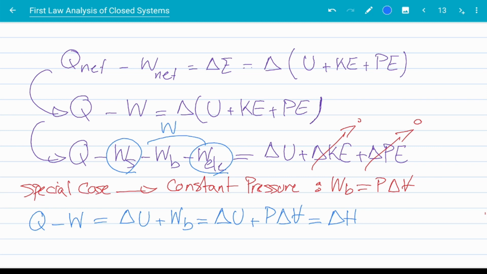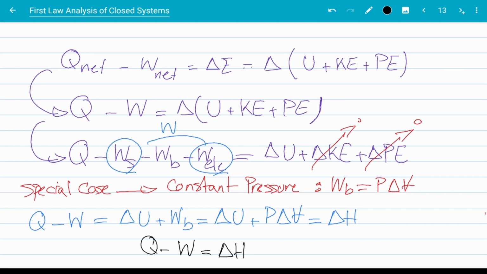So in a system where we have a constant pressure and we can neglect the kinetic and potential energies, Q net minus W net, not including the boundary work, is equal to the change of enthalpy of the system. Now, please pay attention that you cannot include the boundary work twice in the same equation.